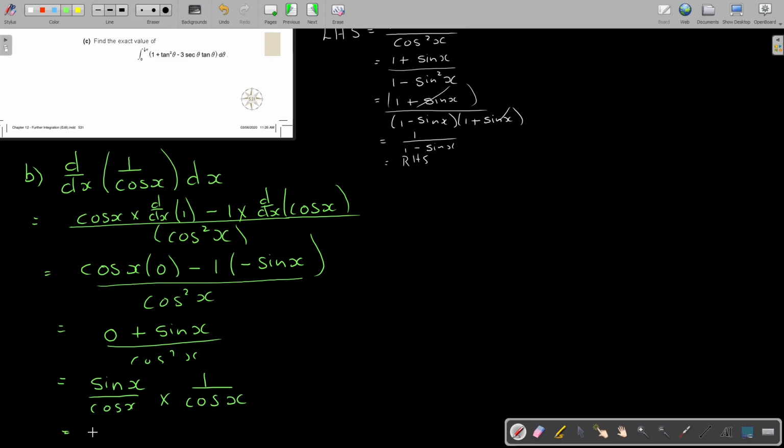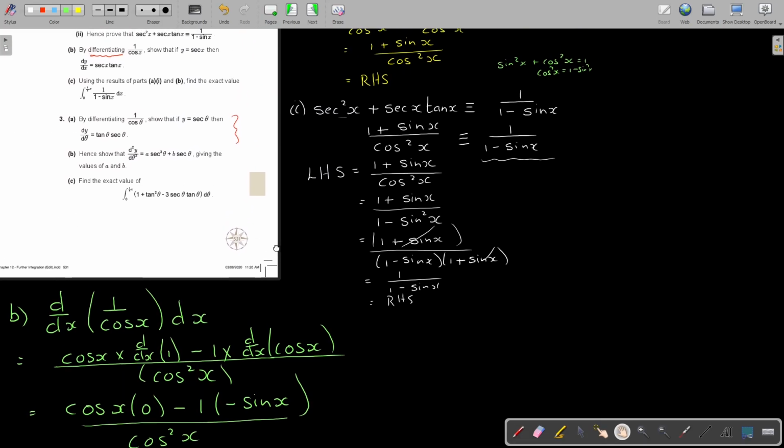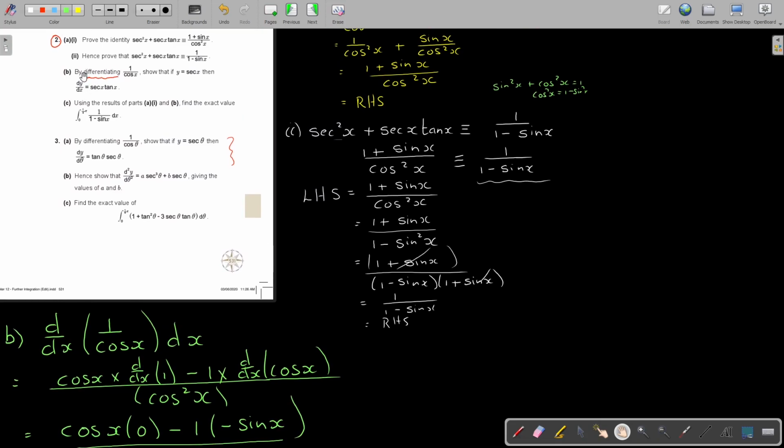And that is going to be tan x multiplied by sec x. If I go back to the question, by differentiating, show that sec x tan x, doesn't matter the order. That's basically number B.